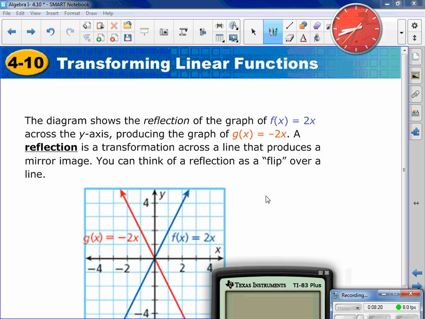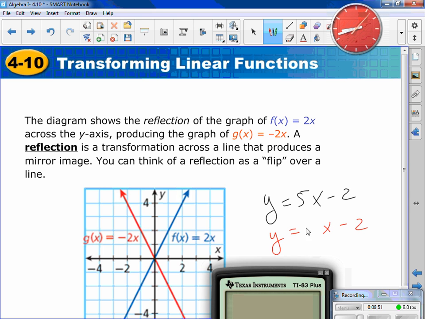So if I have y equals 5x minus 2, what's the reflection of that one over the y-axis? Nope. It's 5x minus 2, so what's the reflection? The negative 2 stays the same.